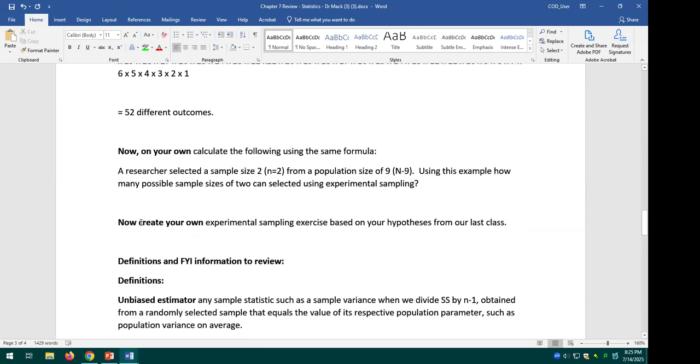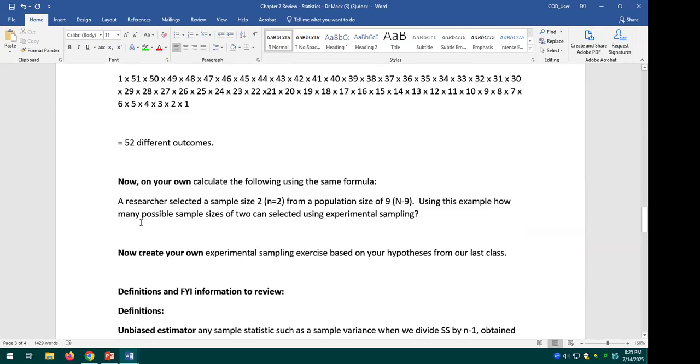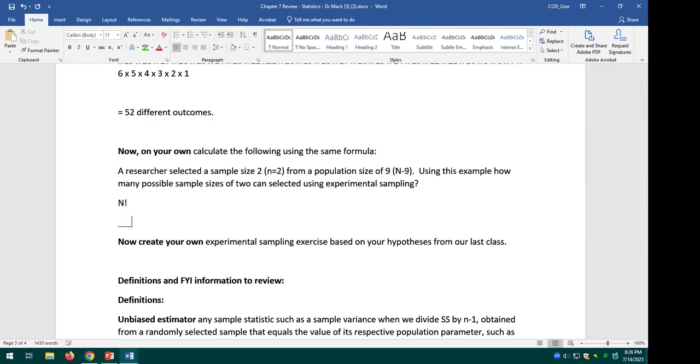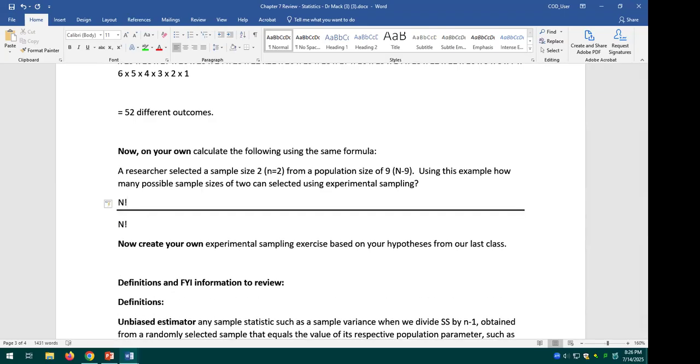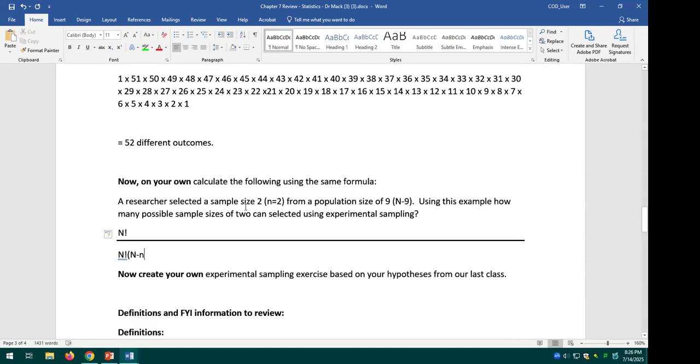So let's do this one together. Is the formula making sense? Like what we plug in? Yes, no? So researchers selected a sample size of 2 with a population size of 9. Using this example, how many possible samples of size 2 can be selected using experimental sampling? So we would say N divided by n times N minus n.